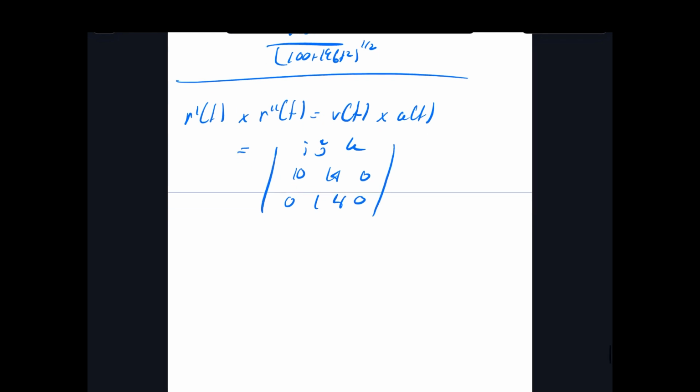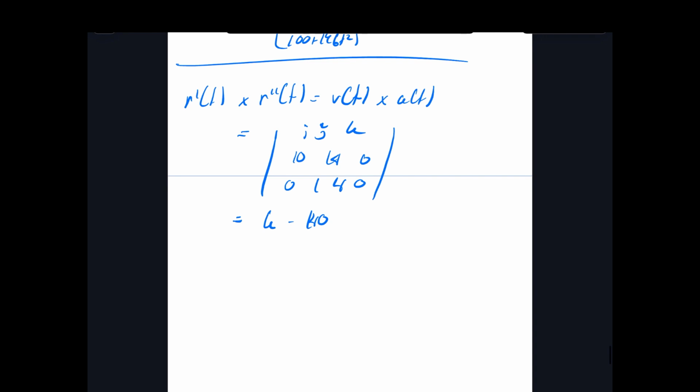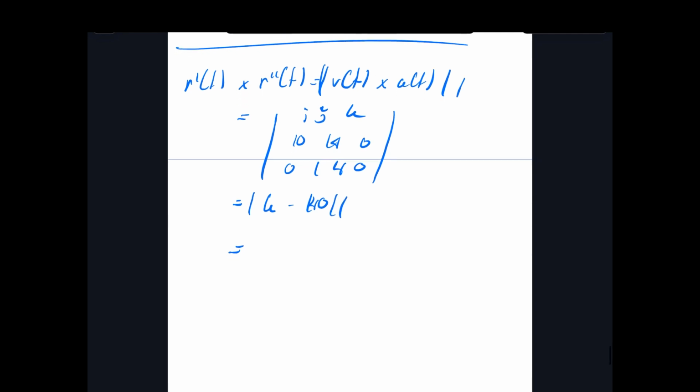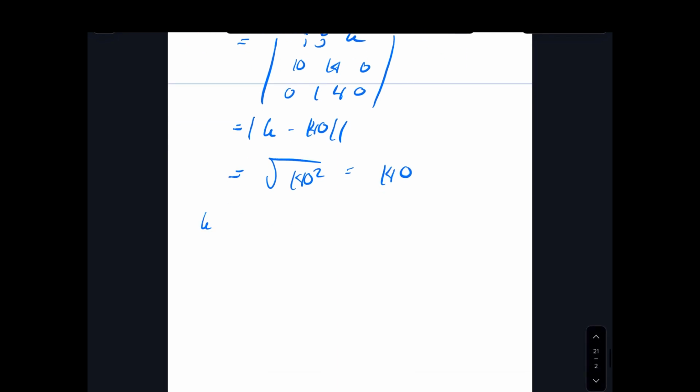Take the determinant of that, and you're going to get 140k. Then you're going to normalize this, because you have to normalize it here. So if we normalize this, we're just going to get root of 140 squared, which is just 140. And so kappa at t equals 140 over (100 plus 196 t squared) to the 3 over 2.